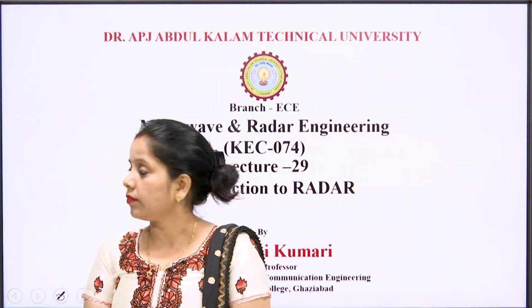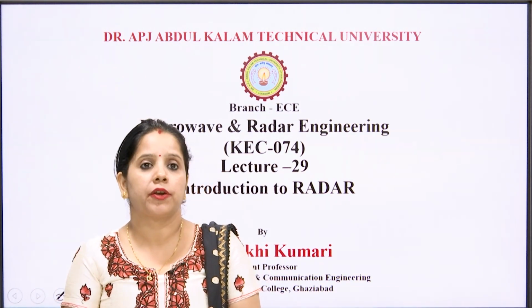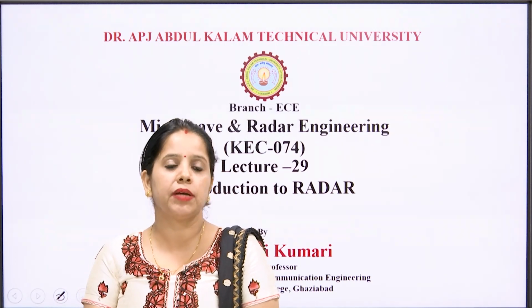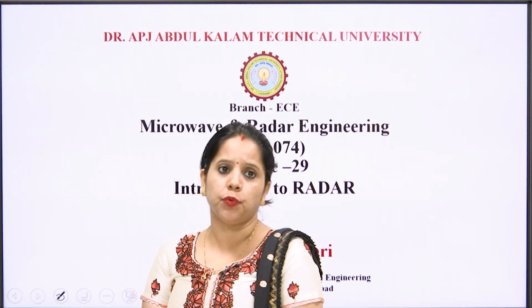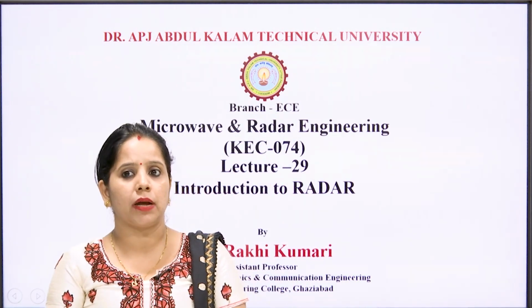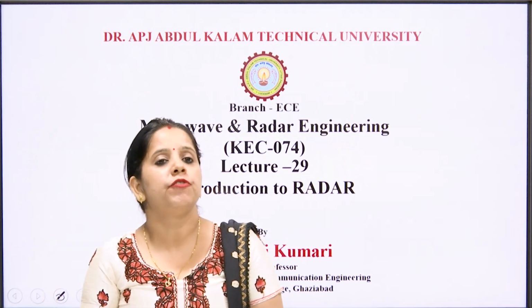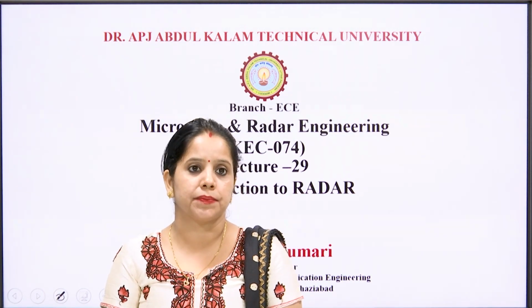Now we are going to end with the microwave and start with the radar. So what is the radar? Every one of you is aware of the term radar. Radar is basically one of the most important components associated with our defense mechanism.